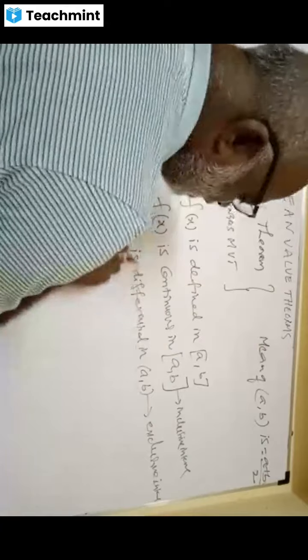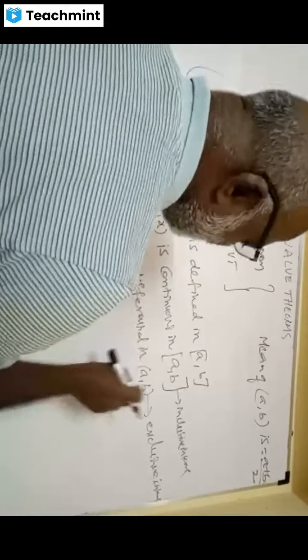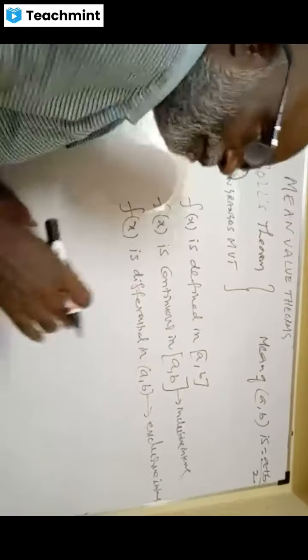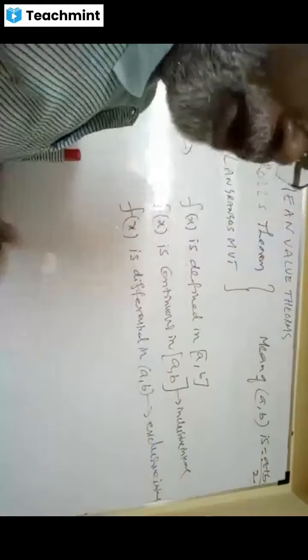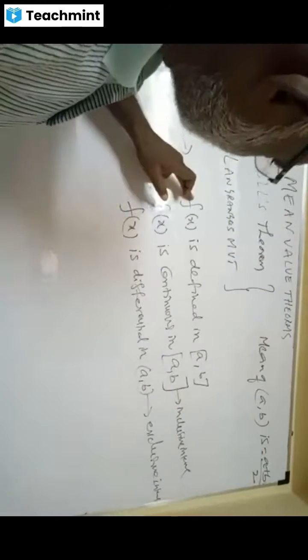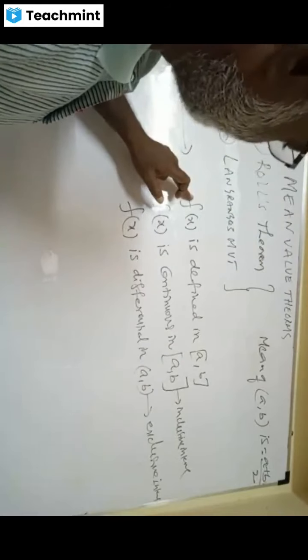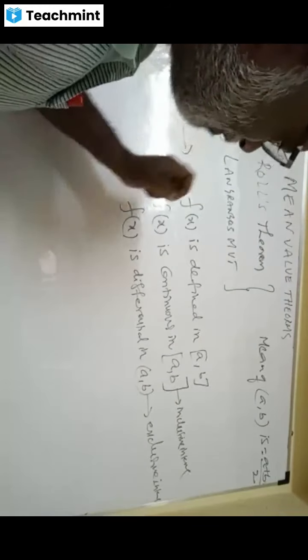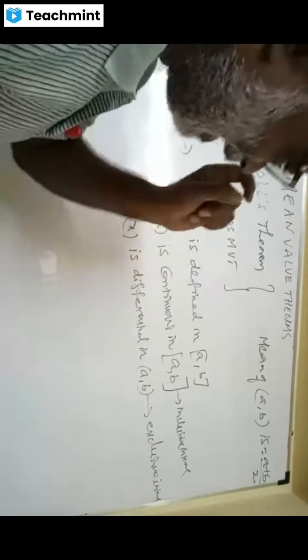We cannot discuss the differentiability at the end points. But between A and B, at every point, the function must be differentiable. Function must be well defined in AB. F of x must be a continuous function in the inclusive interval AB.